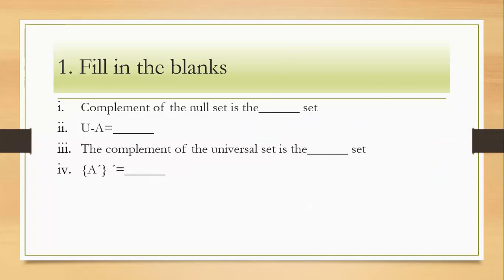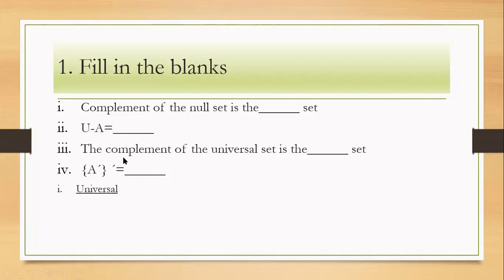Okay, I get the answer, universal. Complement of the null set is the universal set. Okay, let's check the answer, students. Very good. Complement of the null set is the universal set.